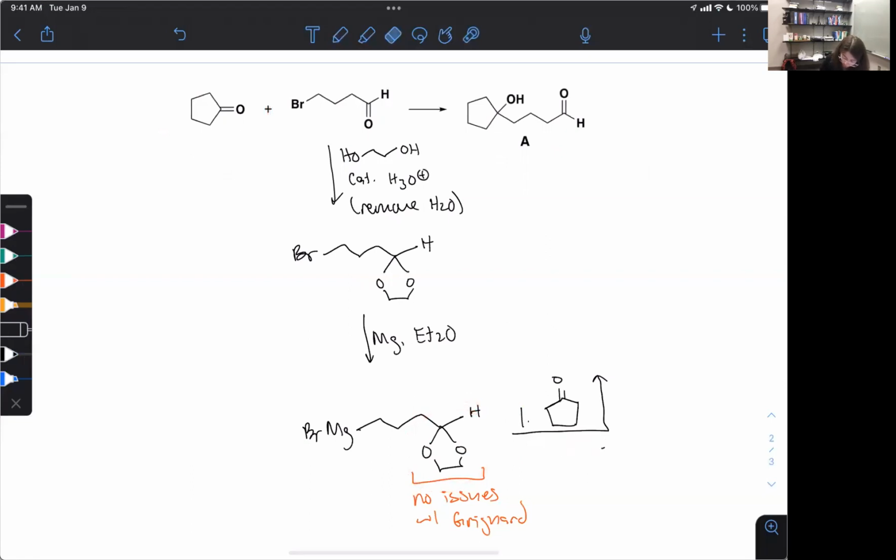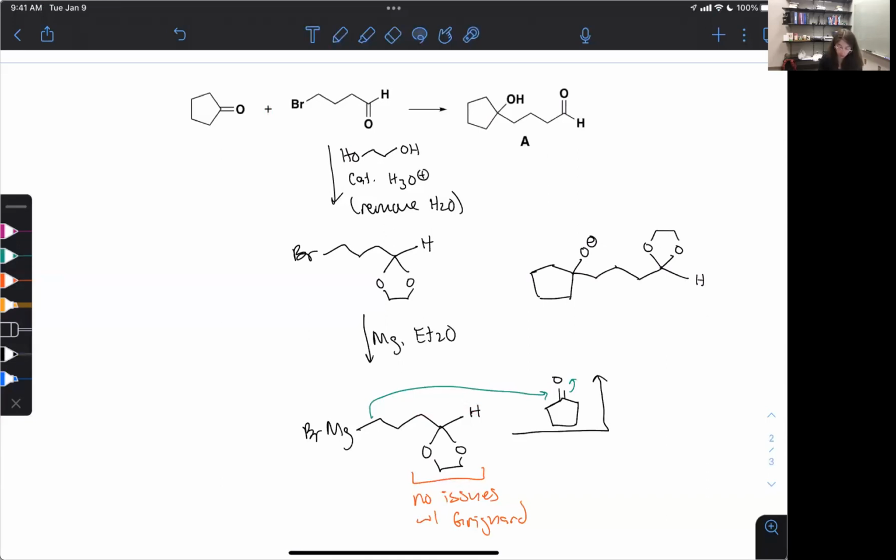Actually, we're going to do just one step at a time here so that we can see what's really happening. So we're going to have this attack here, move up. I'll tilt it the way that we have it drawn out here. 1, 2, 3, 4. 1, 2.